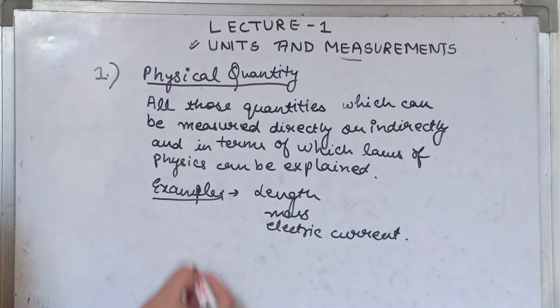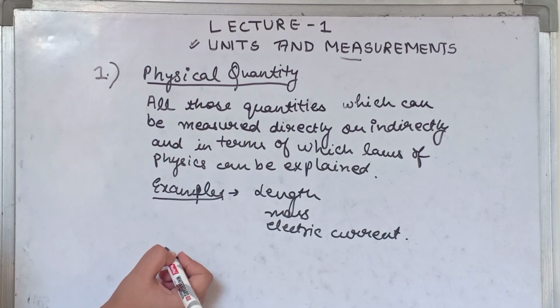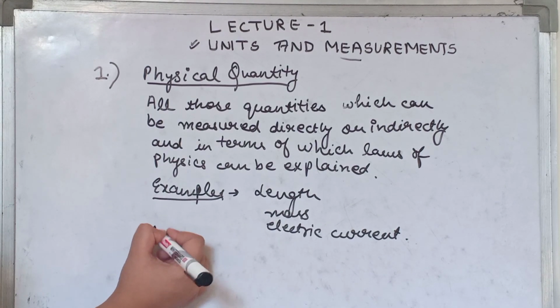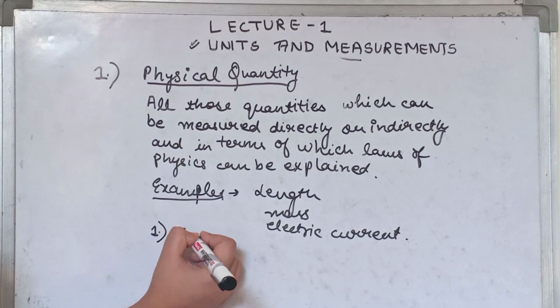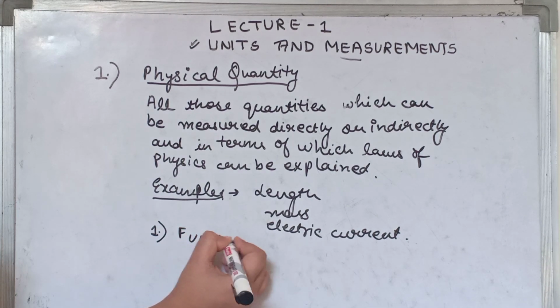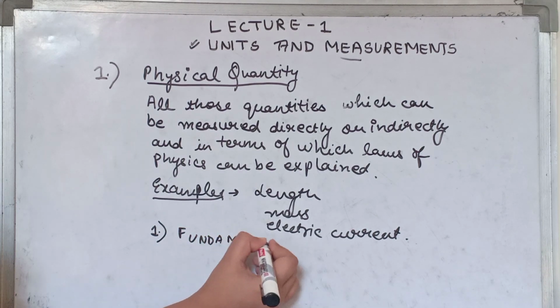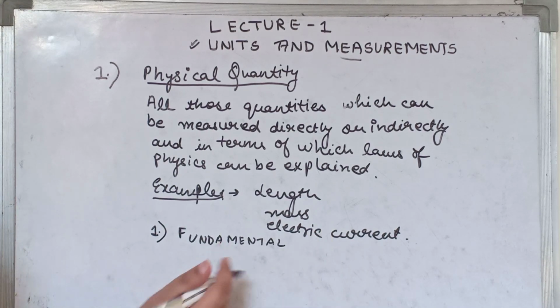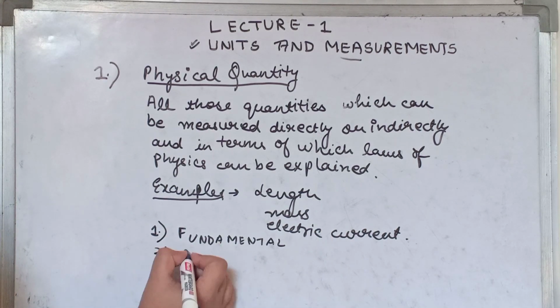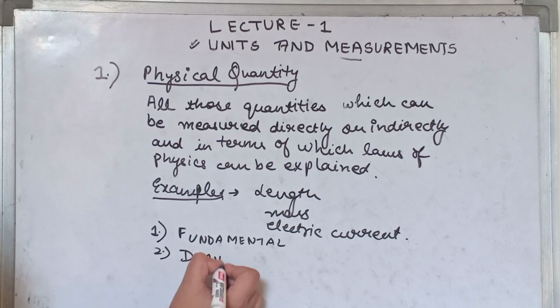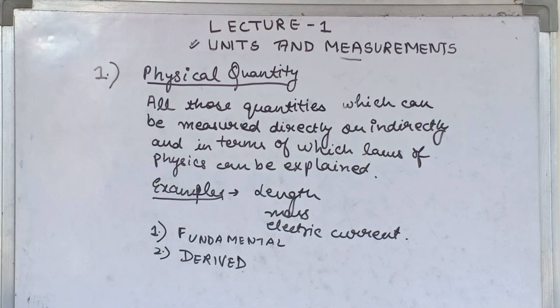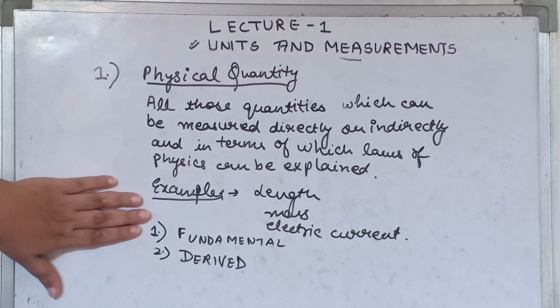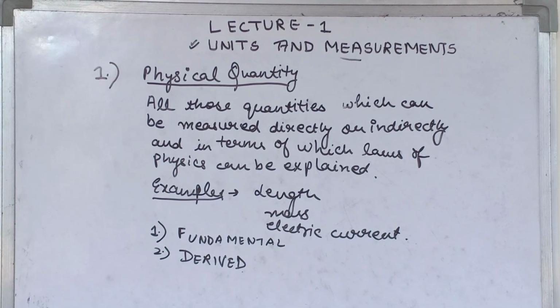Now, these physical quantities are basically of two types. Number one is fundamental, and number two is derived physical quantities. Next, we need to know what we mean by fundamental physical quantity and derived physical quantity.